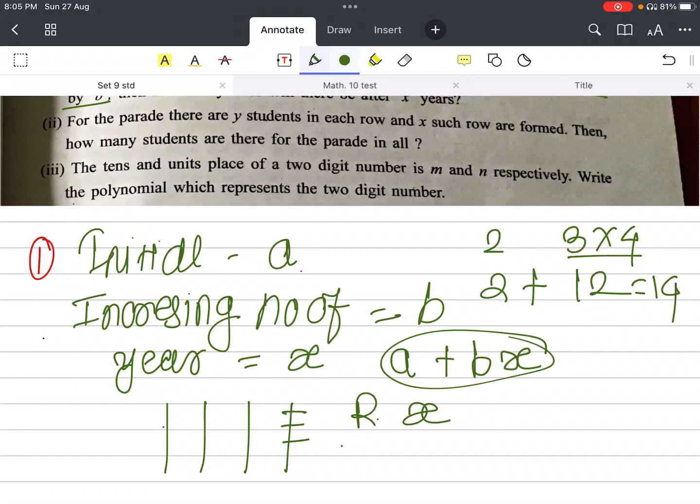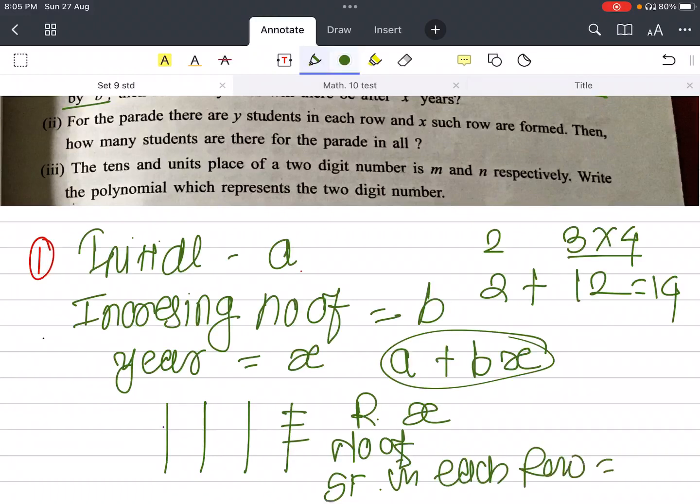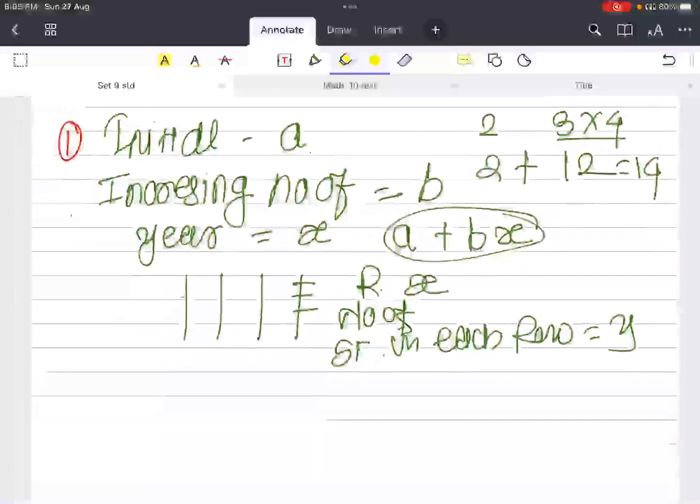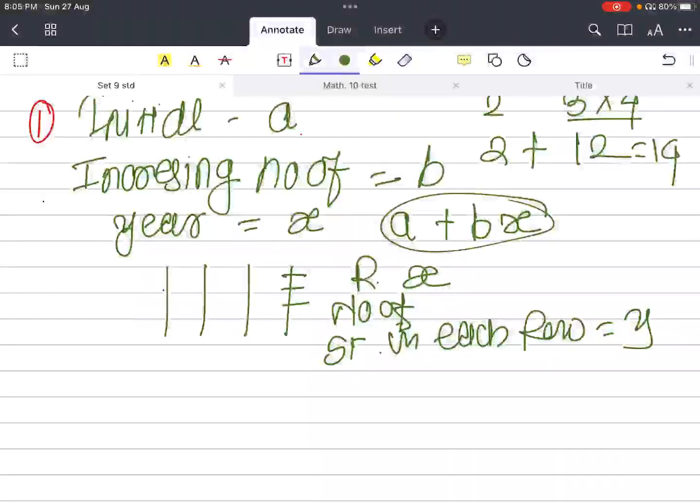So the number of students in each row is Y, and X such rows are there. तो मान के चलो this example is like that.